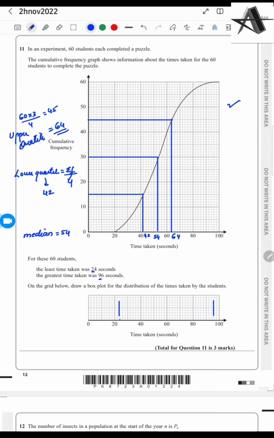Median we have calculated as 54, so it's going to be here, 50, so it will be 54. Lower quartile was 42, so it will be here. And upper quartile was 64, so it should be here. Now join them together.